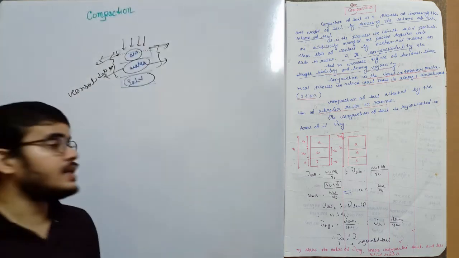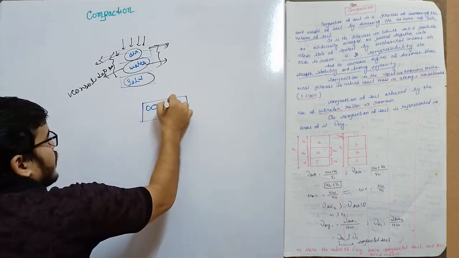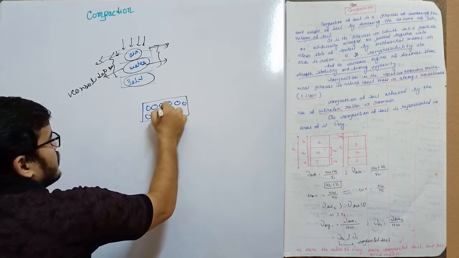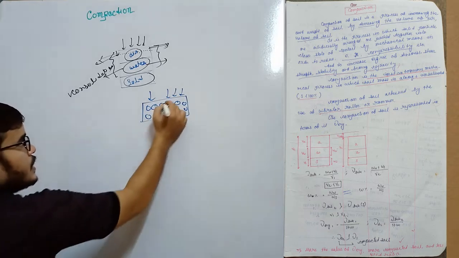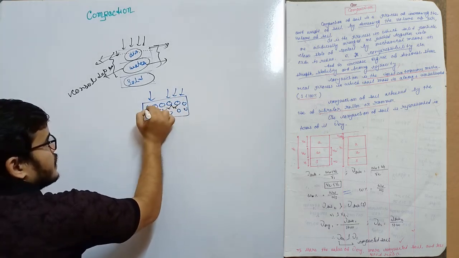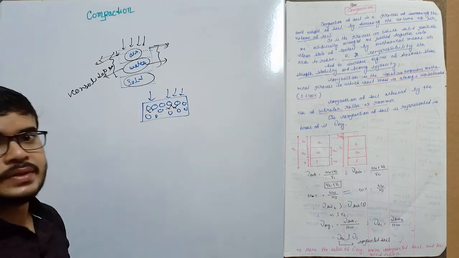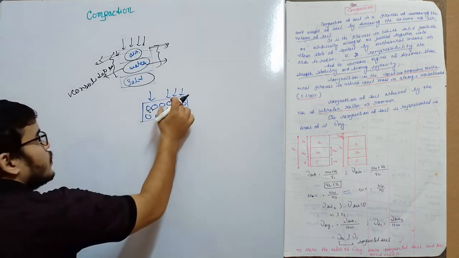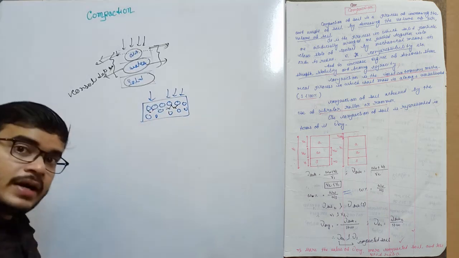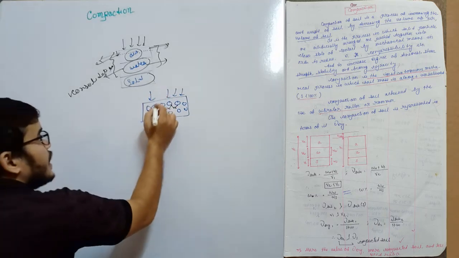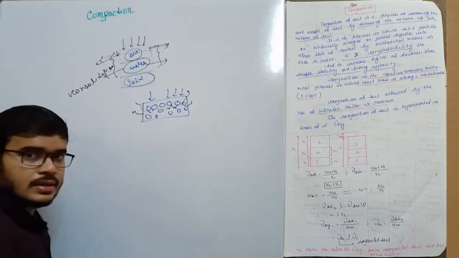When we apply some load on the soil, as soil has solids and voids, the solid particles slide over each other and come closer to each other in comparison to the previous state. When they come closer, the voids are filled by the solid particles, and the air starts being removed.